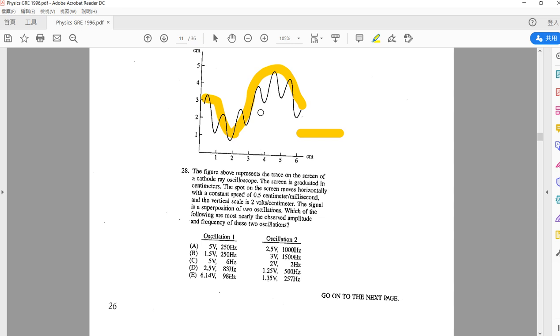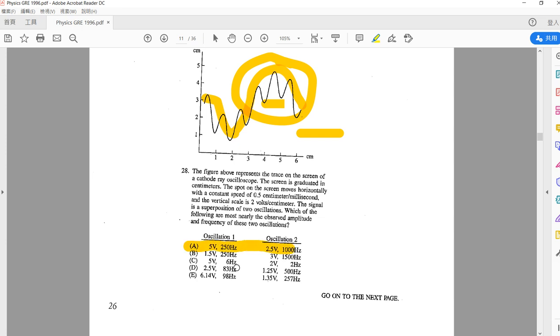Also, the higher frequency oscillation has a smaller amplitude than the lower frequency oscillation. For the higher one you can see there are more small ones, so for higher frequency the amplitude should be smaller.